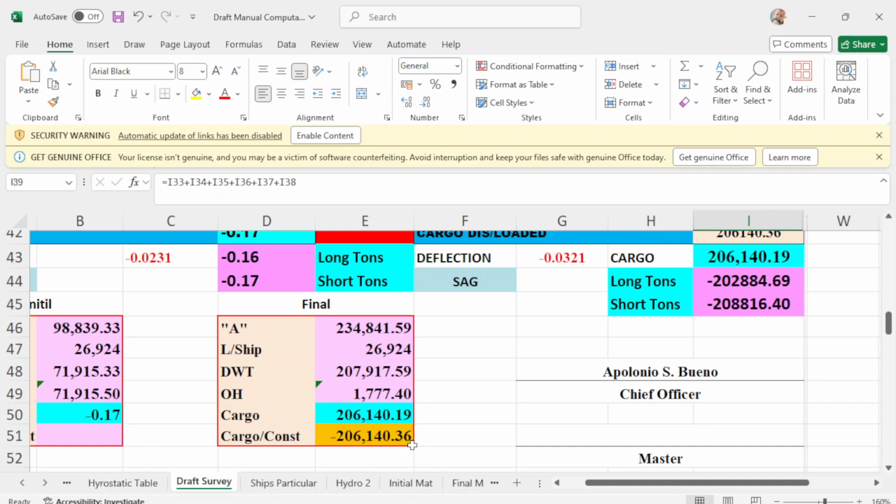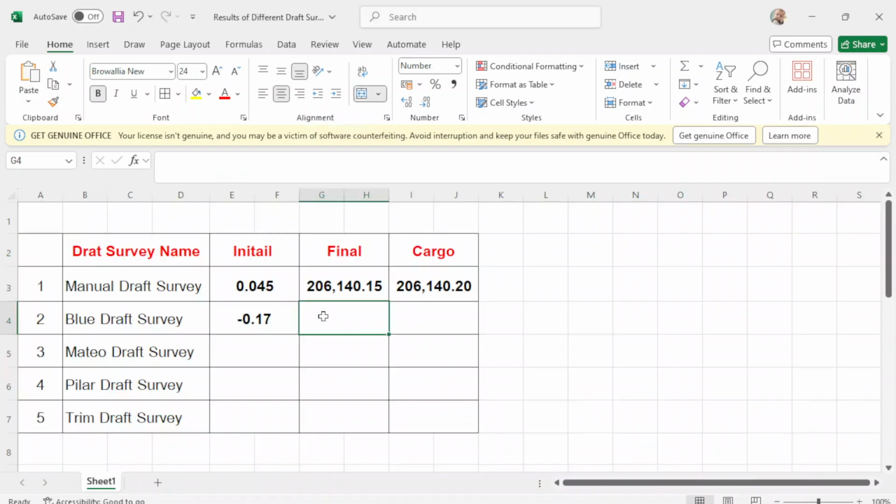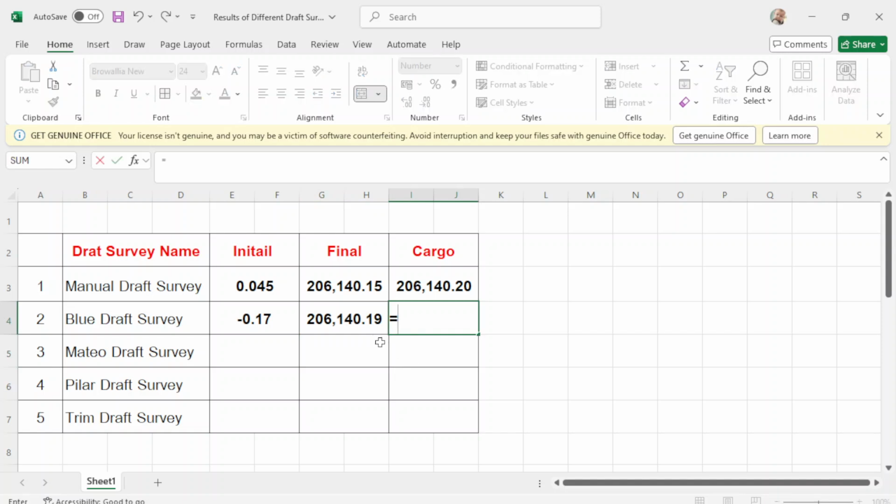Because you're negative here, that will be first. 206,140.19. Okay, that your cargo would be equals, add here.